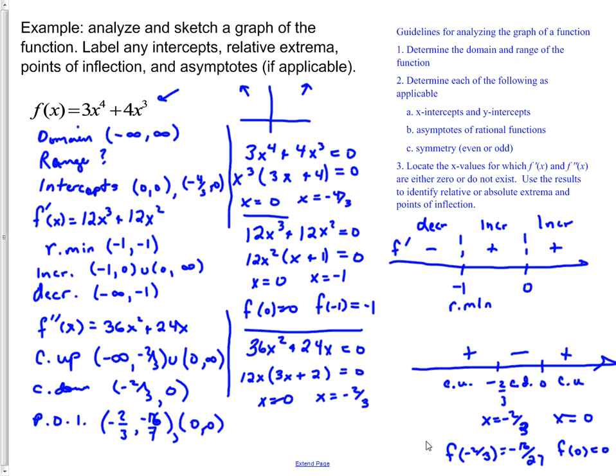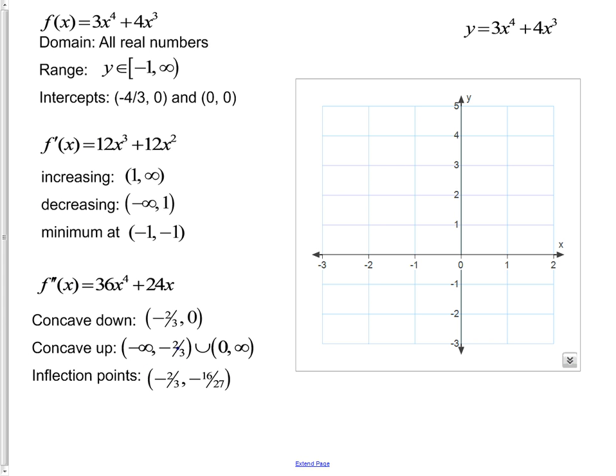All right, so what we're going to do is take a look and see what that looks like. So one way of outlining this is just to put our intervals right here. So we indicated that we had intervals of increasing and decreasing this way. We said that the function would be decreasing from negative infinity all the way up to negative 1. That's decreasing.